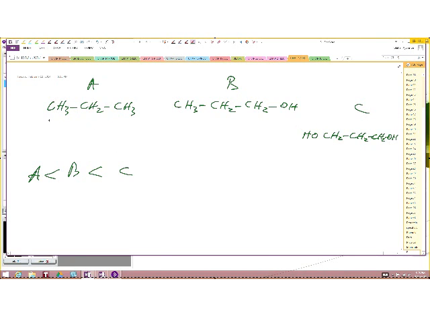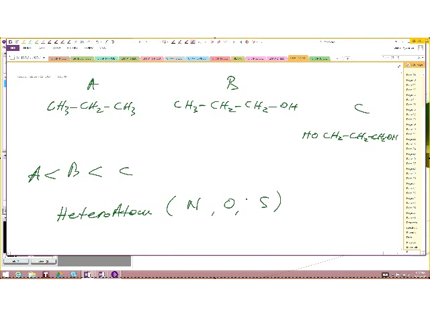The same thing happens to any molecule in which hydrogen is attached to a heteroatom. Heteroatom simply means non-carbon or non-hydrogen atoms, for example nitrogen, oxygen, sulfur.